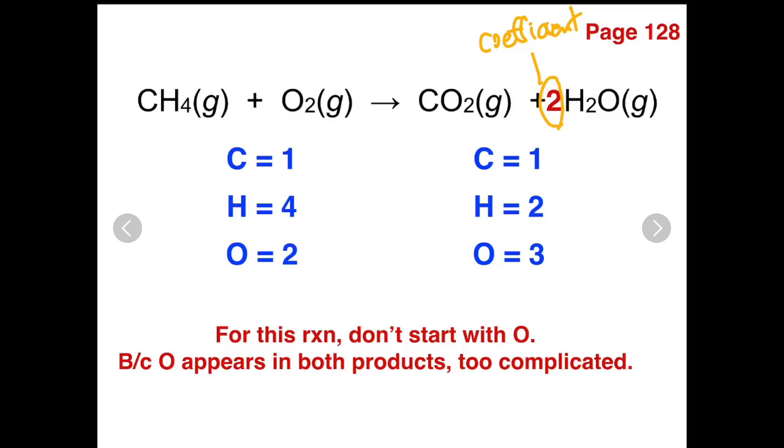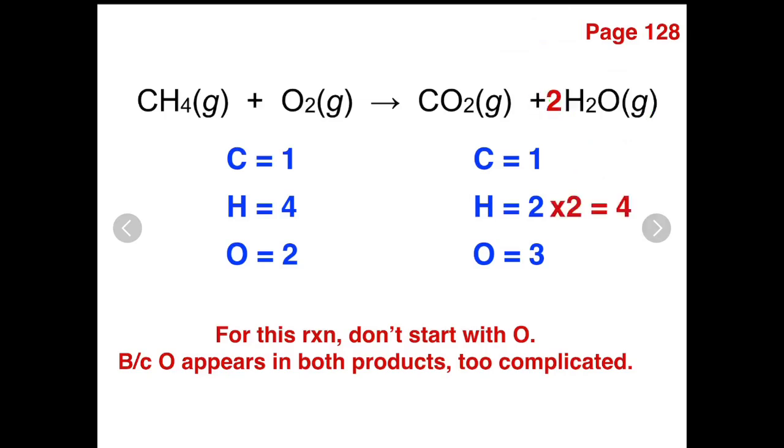So in this case, we don't want to change the subscript. What we need is the coefficient in front of that molecule. When you write a coefficient, it implies that you are going to have separate water molecules in the reaction. That's what this 2 means: you have two molecules of water. The coefficient represents the whole molecule.